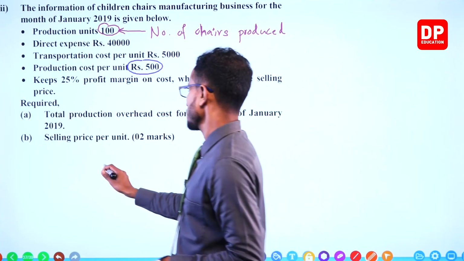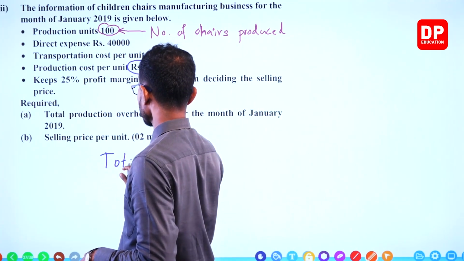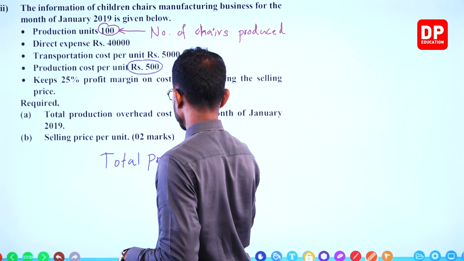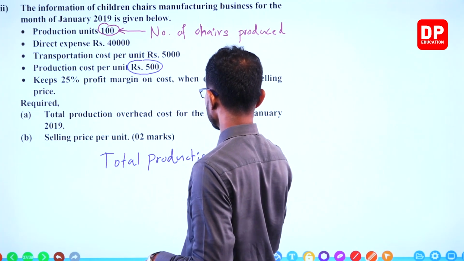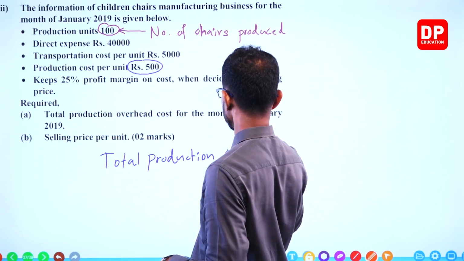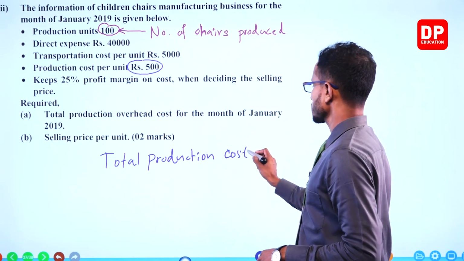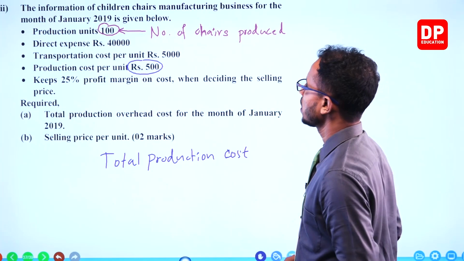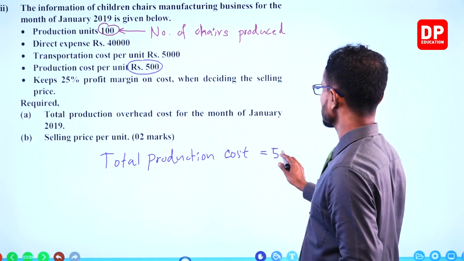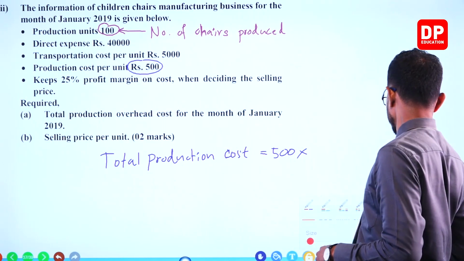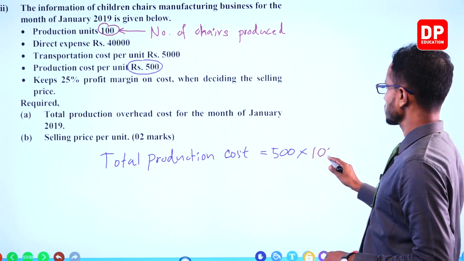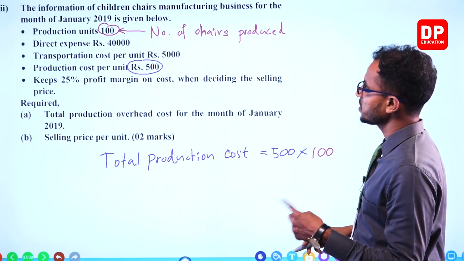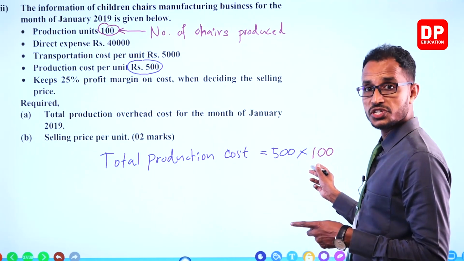So let's take the total production cost. 500 unit cost into 100 chairs.